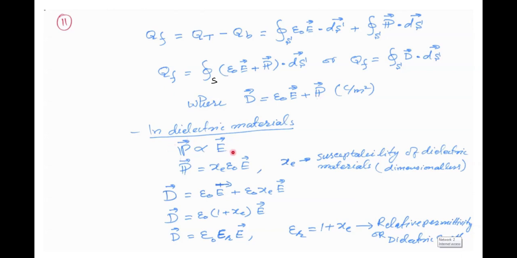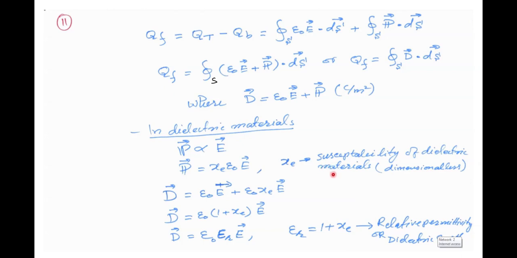When we apply the electric field to any dielectric material, there is a direct relationship between polarization and the electric field. The constant of proportionality is given by chi sub e epsilon naught. Epsilon naught represents the permittivity of free space, and chi e represents the susceptibility of the dielectric material.